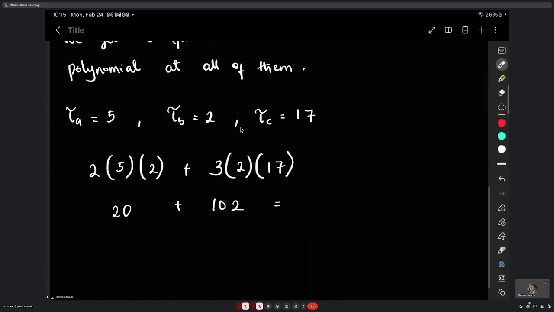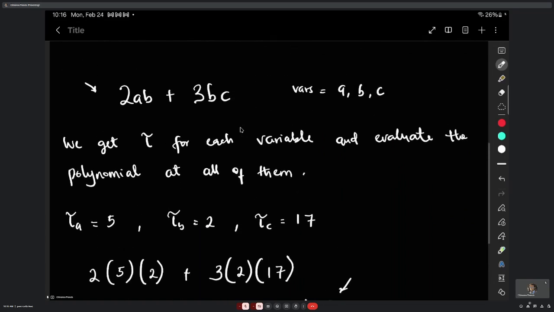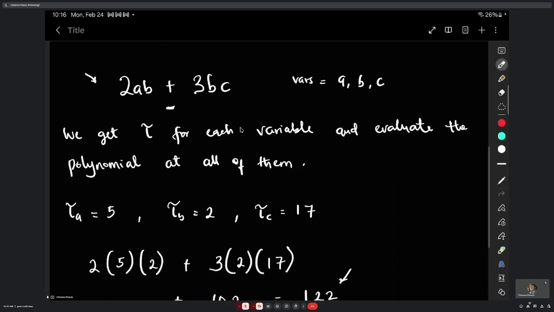So this is our commitment, right? You can think of it as our commitment to this polynomial 2ab plus 3bc.